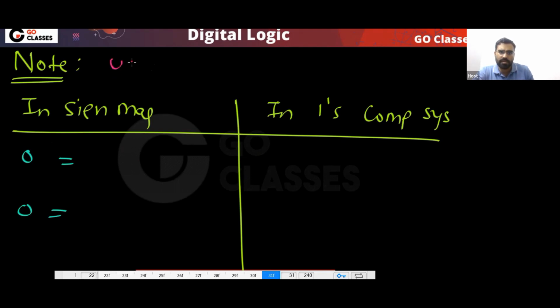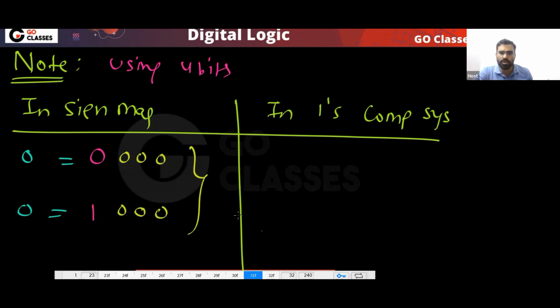Using 4 bits in sign magnitude, this is 0, 0, 0, and this is also 0, 0, 0. Both of them are basically 0. So for 0, you have 2 representations.